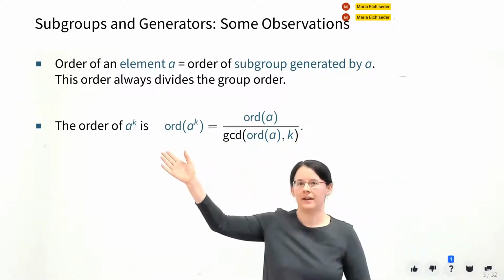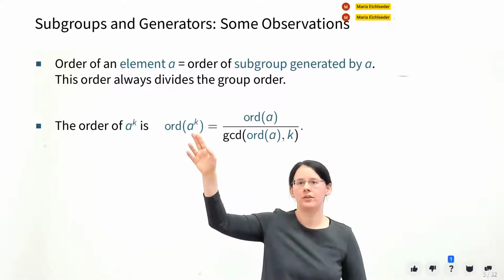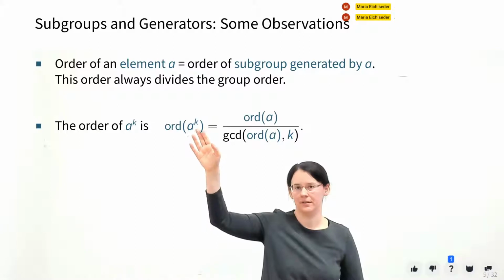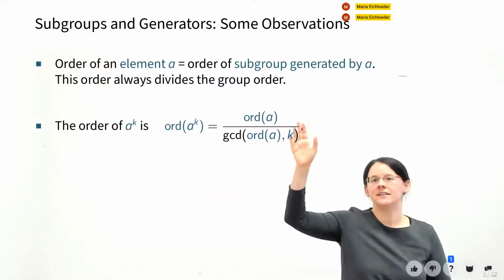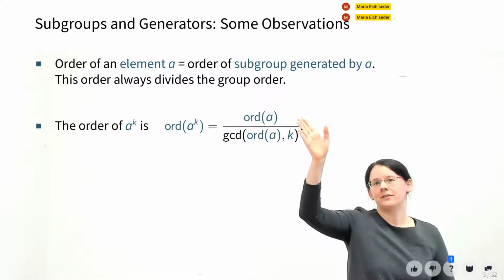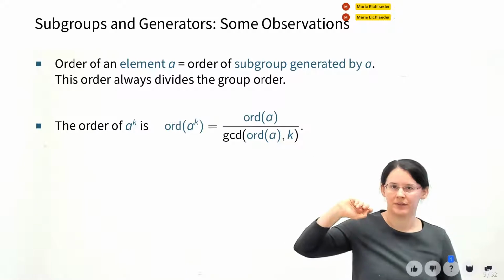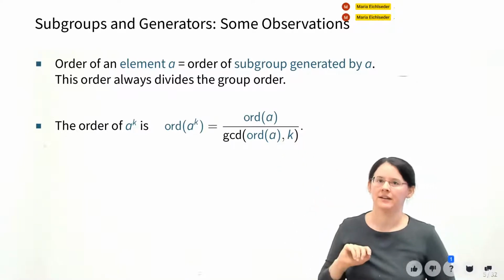So if I have some element here, a, and I want to know the order of a to some power of k, then this is at most the same order as a, but if the exponent has a common divisor with the order, then I divide it by that.